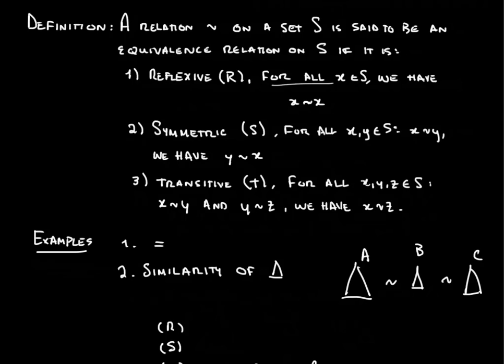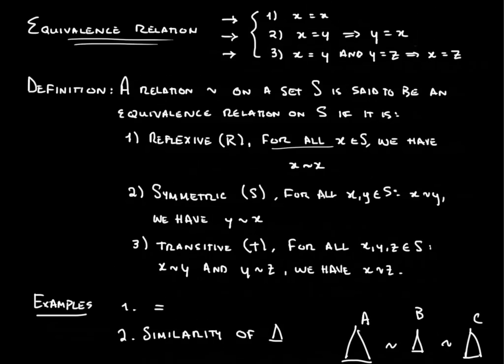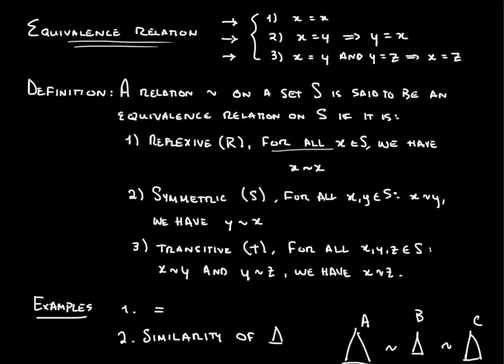And it is transitive, which means that for all x, y, and z that are in S, such that x is related to y and y is related to z, then we have that x is related to z. So we took the familiar behavior of equality, and we generalized it so that it can work on an arbitrary set.